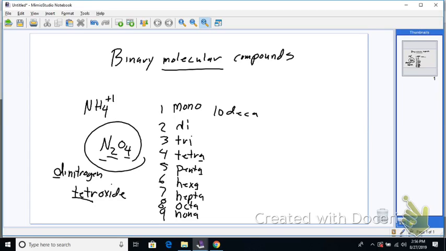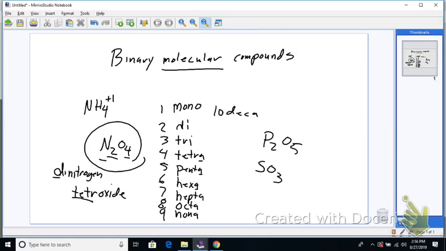Okay, we'll give you a couple more that you can do. Let's just have you do those two. If you notice, you've got a nonmetal out in front and a nonmetal behind. So go ahead and name them. We can just verbally name them because I don't think we need to write them down, but if you want to, you can.